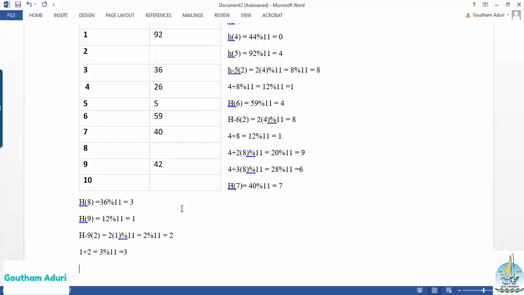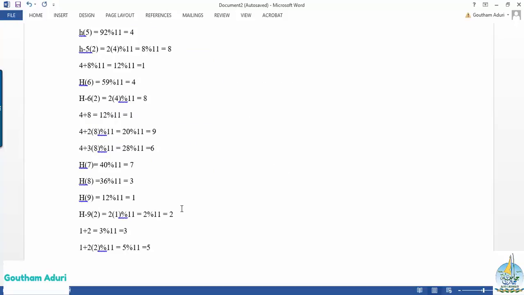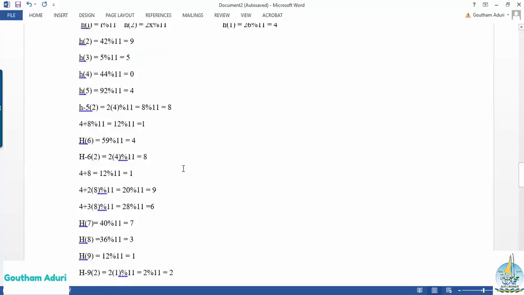Third is also getting a collision. Now I have to use 1 plus 2 into h2. 2 into h2 is 2, 1 plus 4, 5 mod 11 is going to be 5. 5 is also getting a collision. 1 plus 3 into h2, 1 plus 6 is 7, 7 mod 11 is equal to 7.